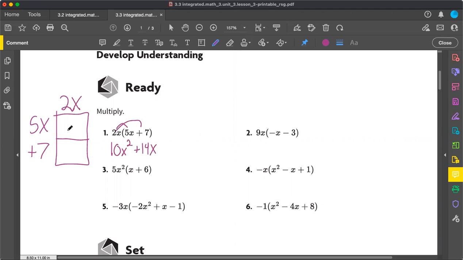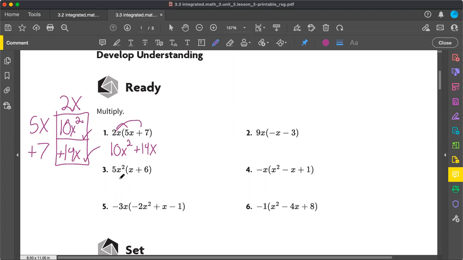This might be a way for you to keep everything compact and maybe double check that you computed everything that you needed. Still getting 10x squared, and then still getting a positive 14x. So maybe this is another approach you use to show your work to make sure that you did everything you needed to do, and hopefully show that the exponents should change respectively.